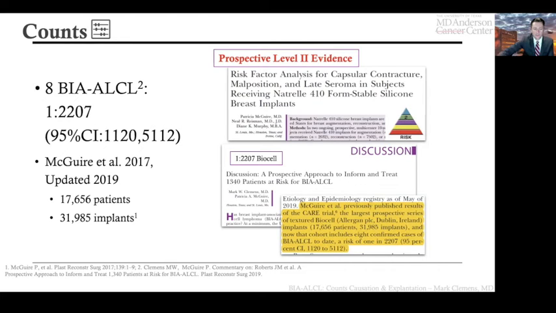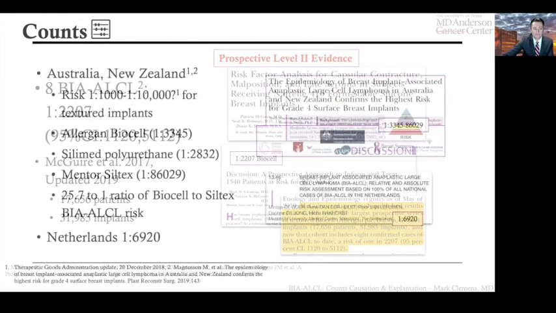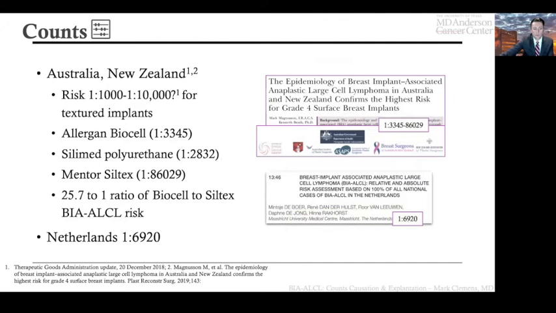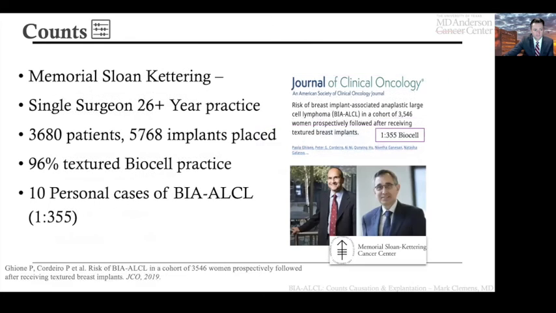This is important because Allergan BioCell was the #1 selling breast implant in the world prior to the recall, as well as the most common implant placed in South America. If we look around the world, we also see that the risk of breast implant ALCL is particularly high, both in New Zealand as well as in the Netherlands.